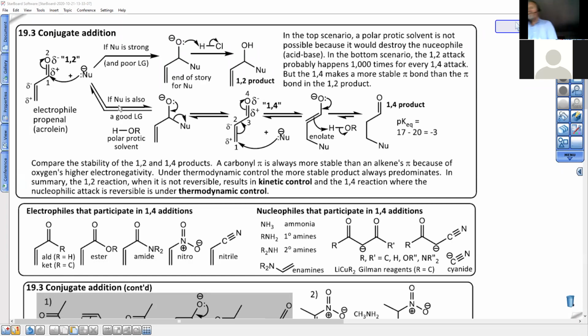So if your nucleophile is also a good leaving group, that means the attack here is reversible. You can attack, and because it's able to leave, it can leave. So it's going back and forth, back and forth. That's equilibrium, right? This was a one-way street because the nucleophile was too poor of a leaving group. But any of these nucleophiles can have this go backwards. So what happens in reality is this 1,2 reaction happens maybe 10,000 times.